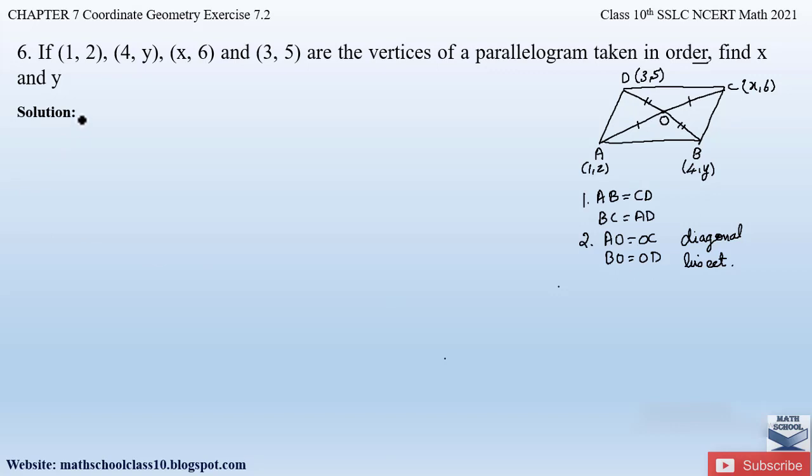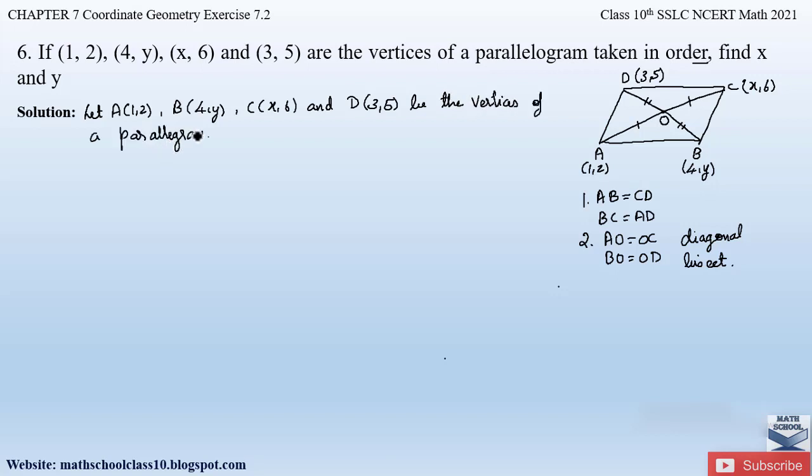Okay, so let us first write down: let point A be (1, 2), point B be (4, y), point C be (x, 6) and point D be (3, 5), the vertices of a parallelogram. Since the diagonals of a parallelogram bisect each other, we will find the coordinates of this point O, assuming AC and BD to be the diagonals, and this point O is the midpoint of both these diagonals, right?